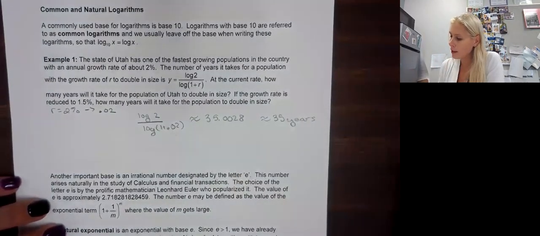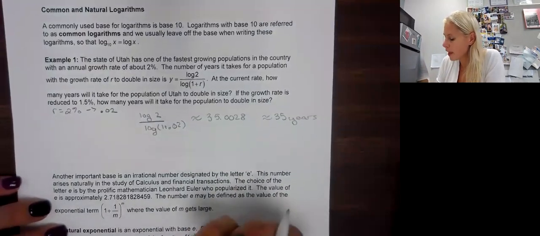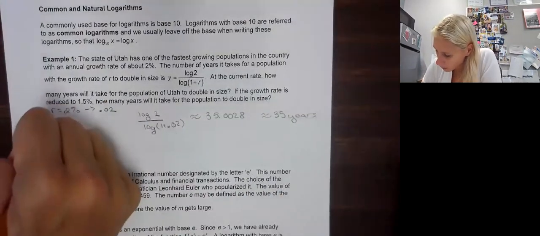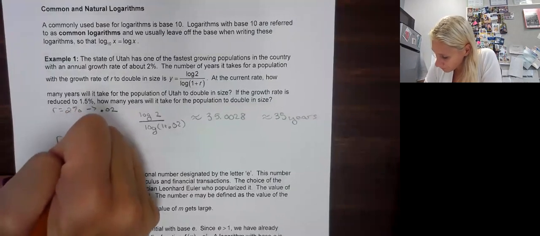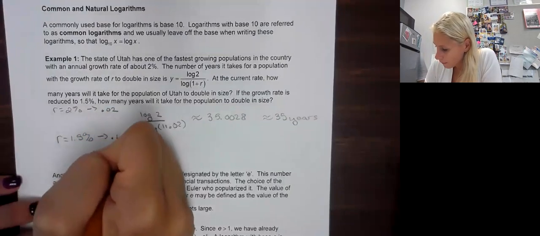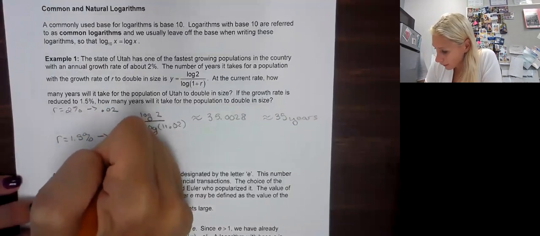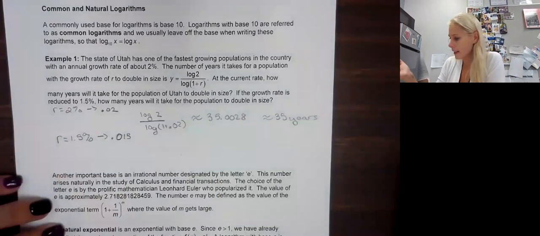Okay, second question for that. If the growth rate is reduced to 1.5, how many years will it take for that population to double in size? Well, our R now is 1.5%, which of course we need to change over to 0.015, sorry. Common mistake, right?